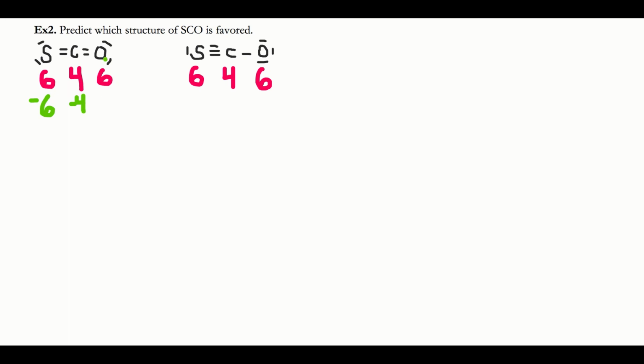Okay. Oxygen here is 1, 2, 3, 4, 5, 6, so -6. So notice the overall formal charge for sulfur is going to be 0, for carbon is 0, and for oxygen is also 0. Okay. So that would lead me to assume that this is going to be the favored structure because all of the formal charges are 0.